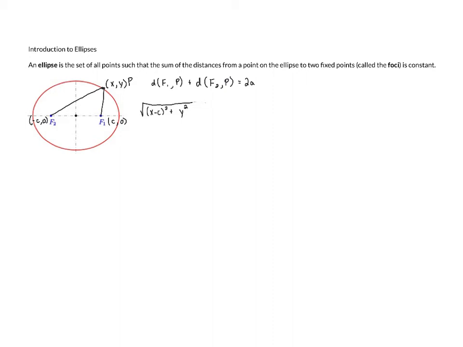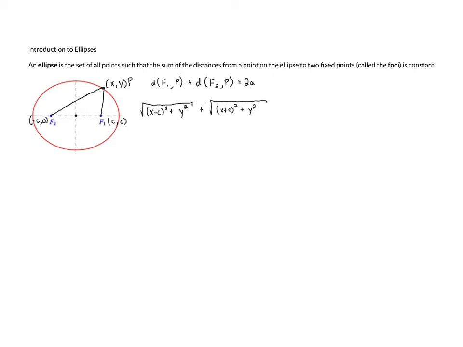And let's make that square root symbol a little shorter. And then plus the other distance, that's going to be x plus c squared plus y squared. It's x plus c because it's x minus negative c.